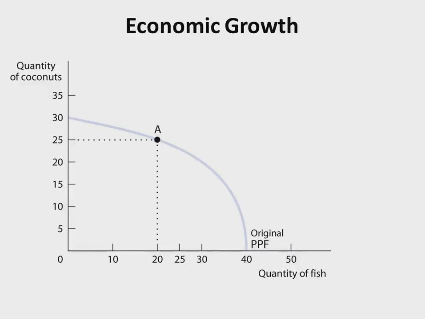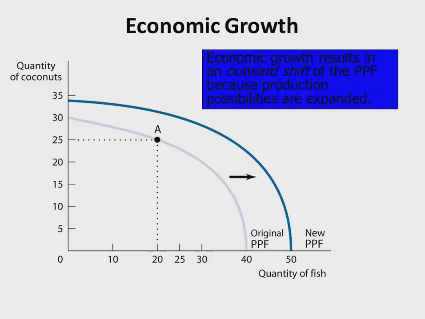If we assume that we are at point A, the increase in resources or improvement in technology will shift the PPF outward. Therefore, economic growth results in an outward shift of the production frontier because production possibilities are expanded.